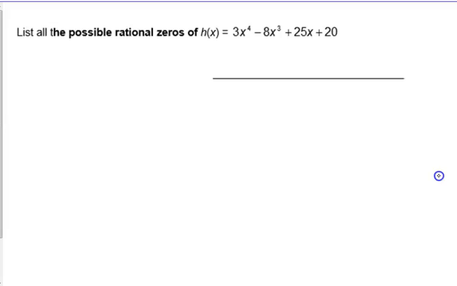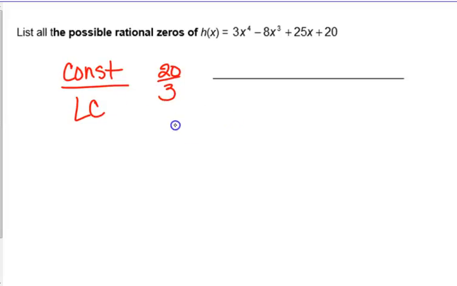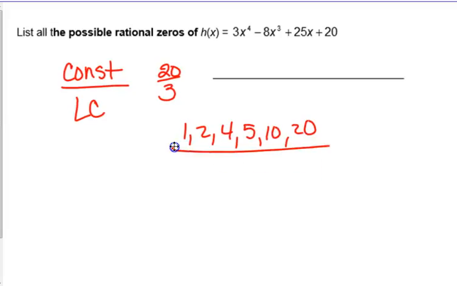This you don't have. If you want to take pictures or write notes, you can, but this is a question off the quiz. How do you list all the possible rational zeros? Do you remember? The factors of the constant over the factors of the leading coefficient. So we have a 20 and a 3. What are the factors of 20? Factors of 3? Okay.